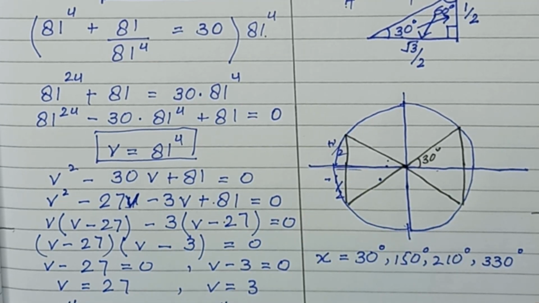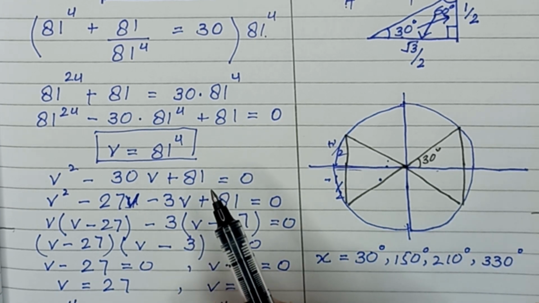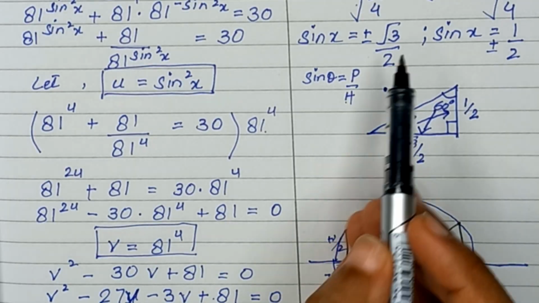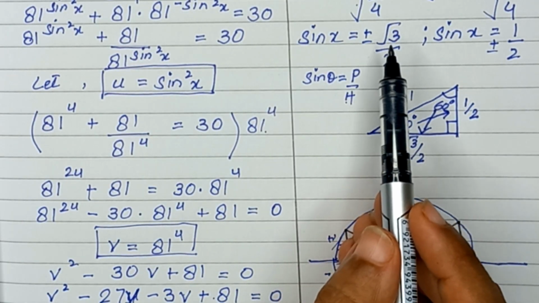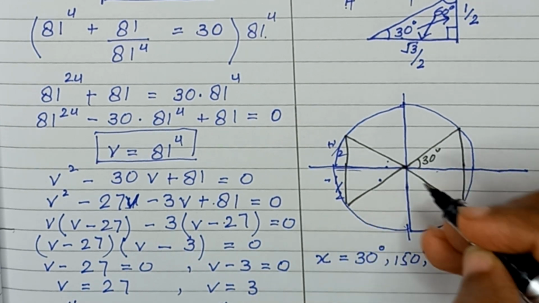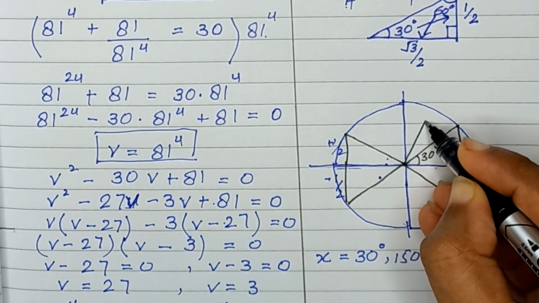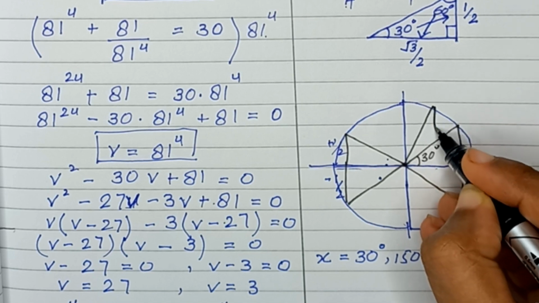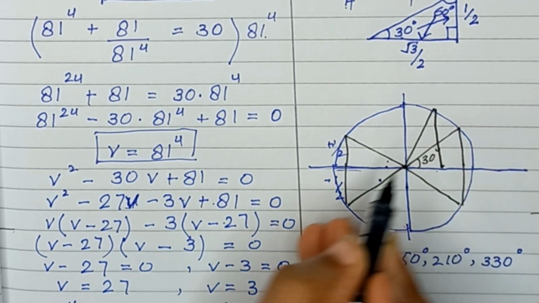In the next step, let's draw the angle 60 degrees, whereas it is square root of 3 divided by 2. So it will be in this way. Here is angle 60 degrees, so we will make a right angle triangle.